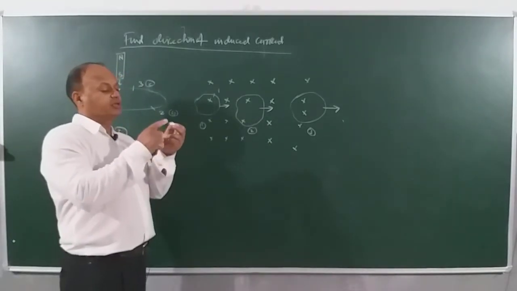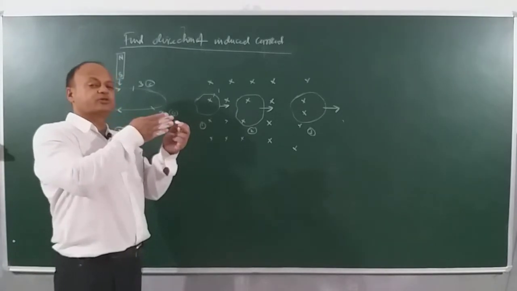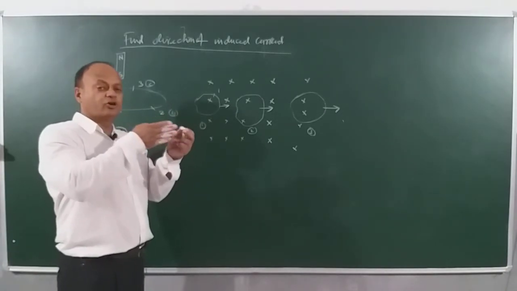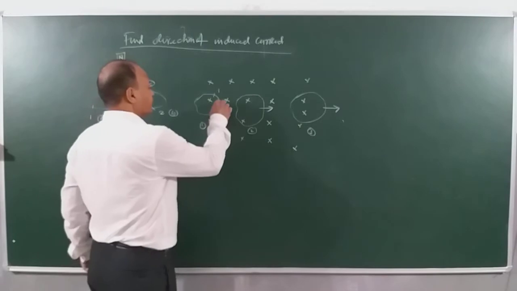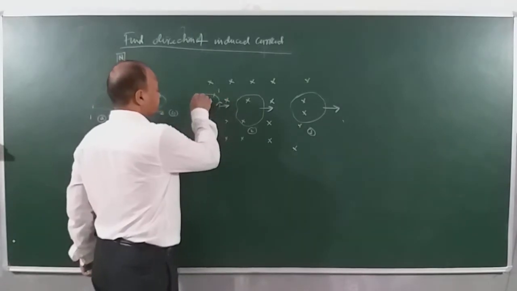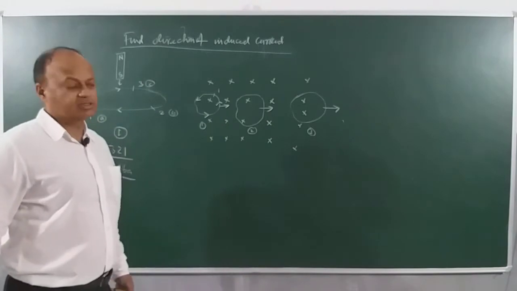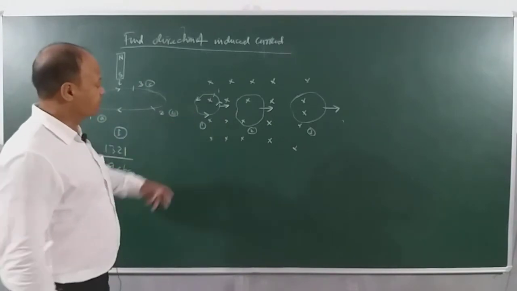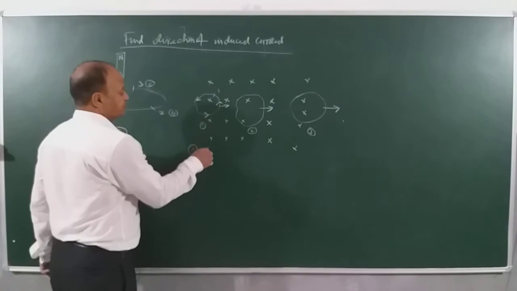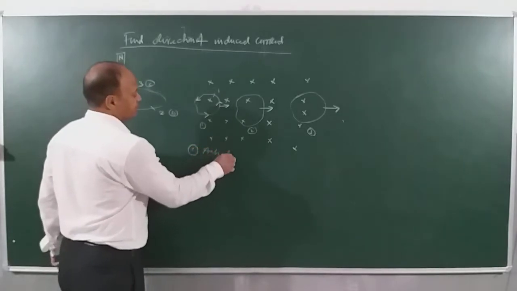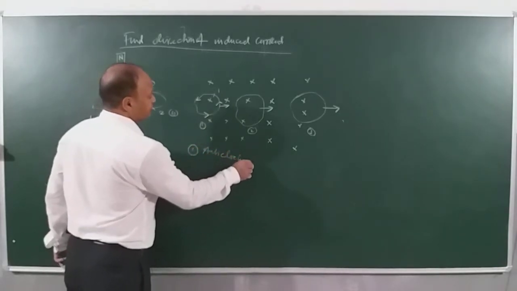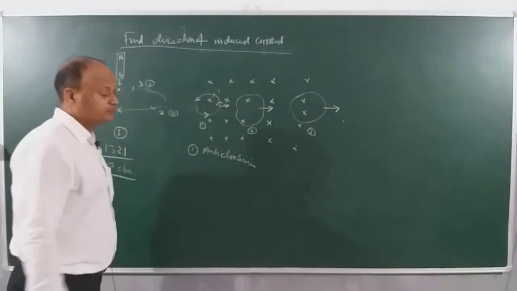So, if there is a north pole here and the south pole, imagine the coil is coming towards the north pole, encountering north poles. So, the direction of current therefore will be anticlockwise. So, in case 1, current is anticlockwise. Very simply you can explain it.